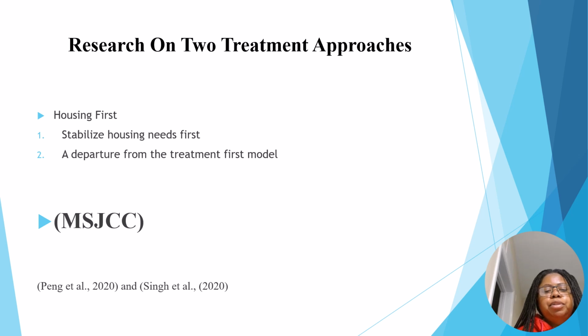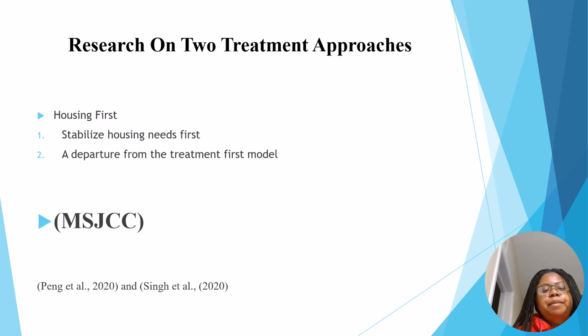And I'll just briefly explain the difference between the treatment first and housing first models. As I mentioned in a previous slide, a lot of individuals who are homeless have other issues such as substance use, mental health disorders, other needs that need to be met. And so the treatment first model focuses on, let's get your substance use under control. Let's control your mental health symptoms, for example, and then we'll find you housing.